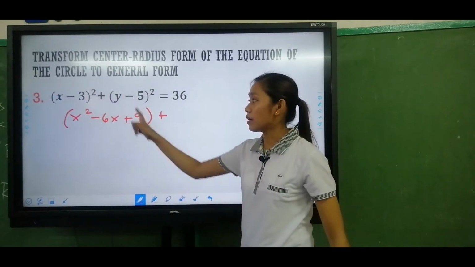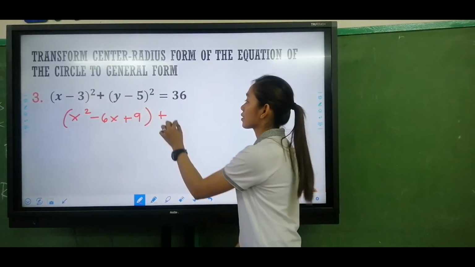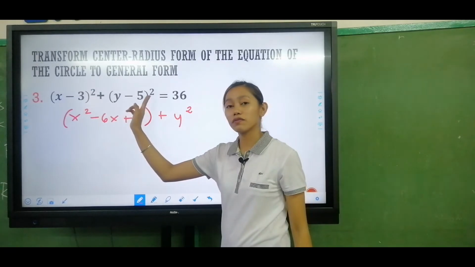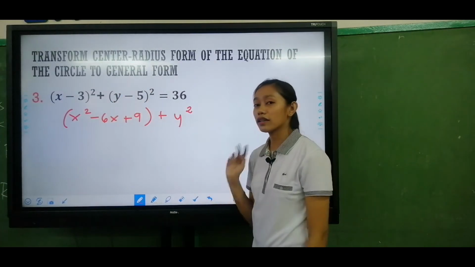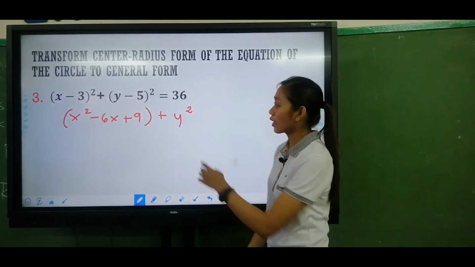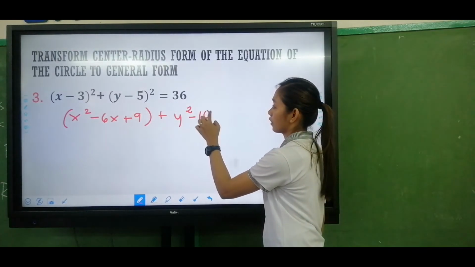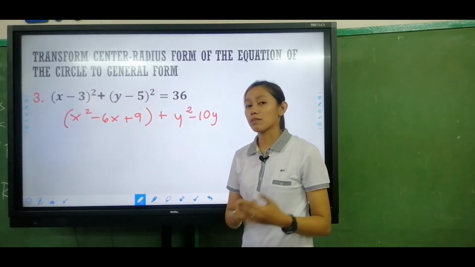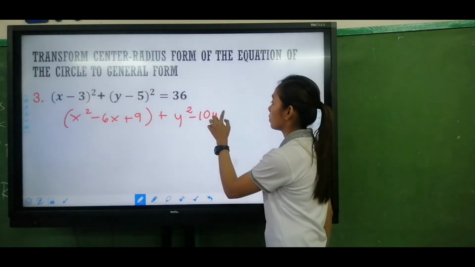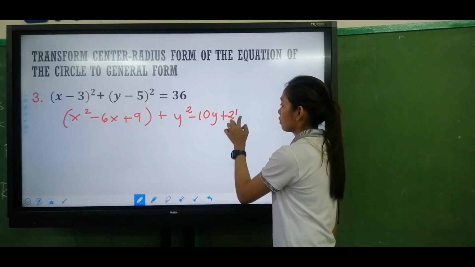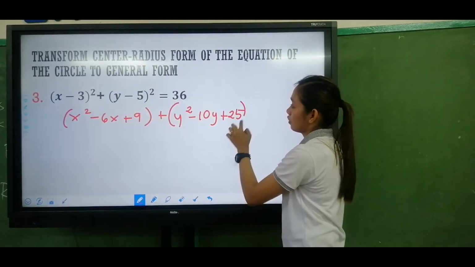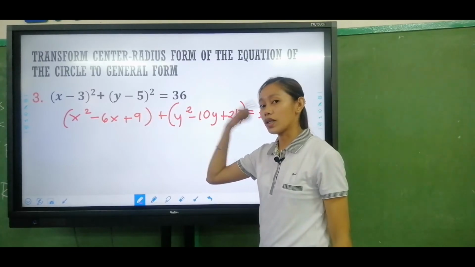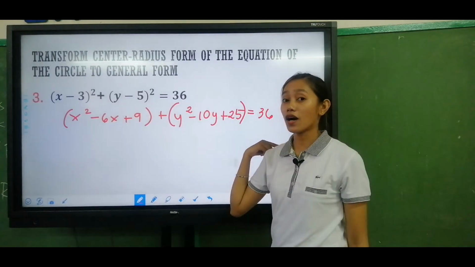Plus, first, y squared ulit, so y squared. Next, negative 5 times y, negative 5y times 2, negative 10y. Last, negative 5 squared, negative 5 times negative 5, so that will be positive 25. Equals to 36.